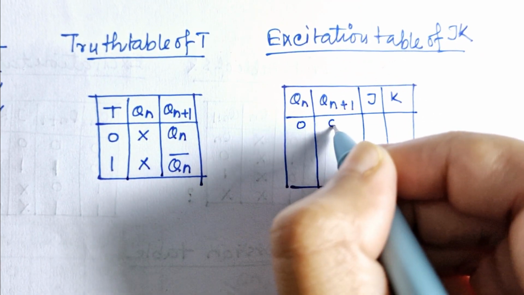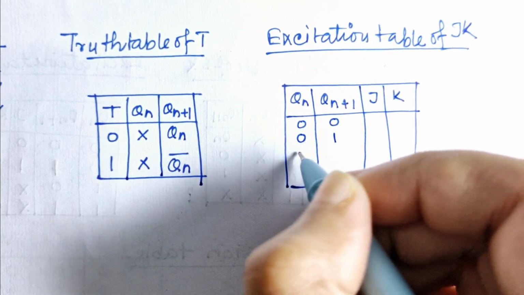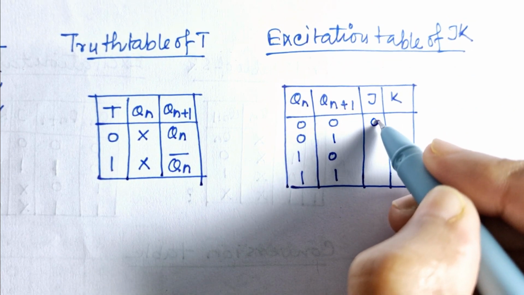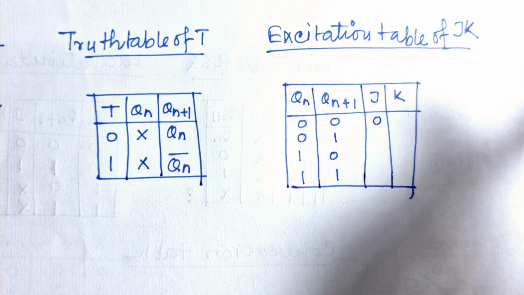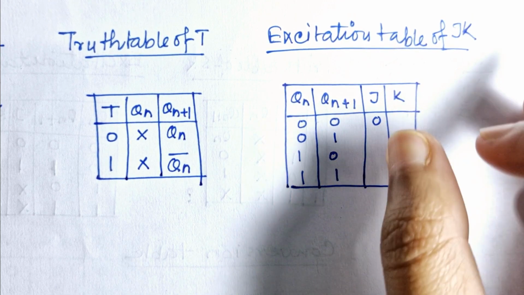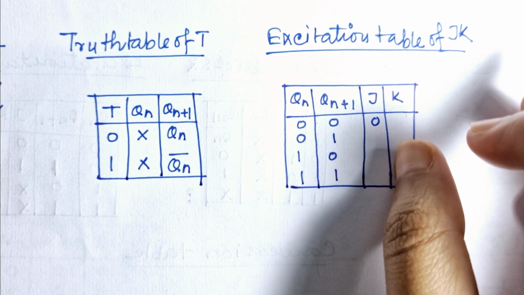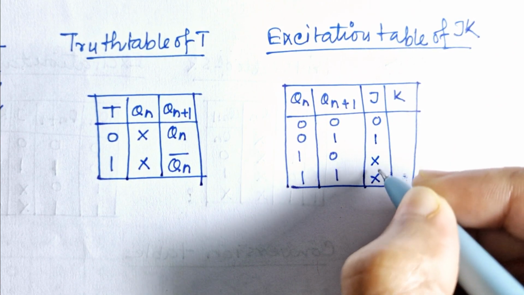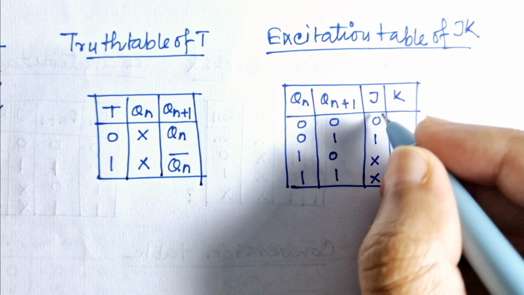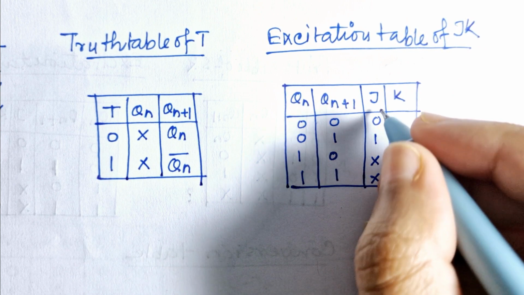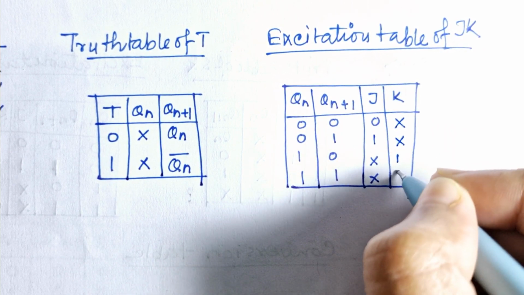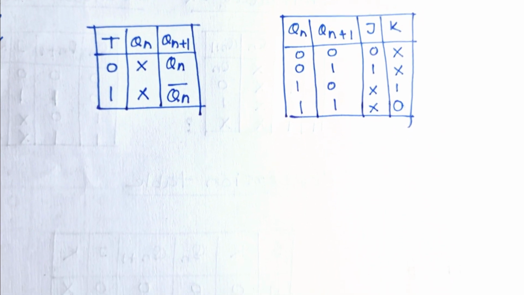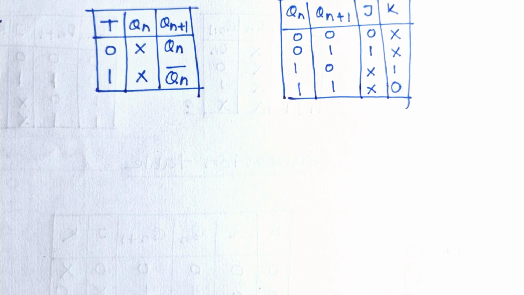The 4 combinations are 0 0, 0 1, 1 0, 1 1, and we just need to remember the J column, that is 0 1 x x, and the inverted sequence is put in the K column, x x 1 0. It's done. Now it's time to make the conversion table with the help of these two tables.